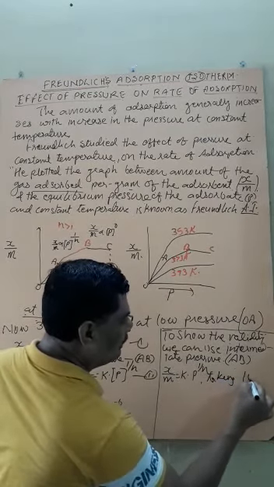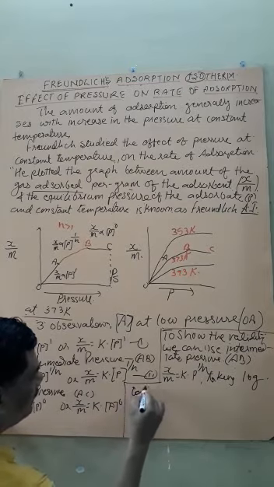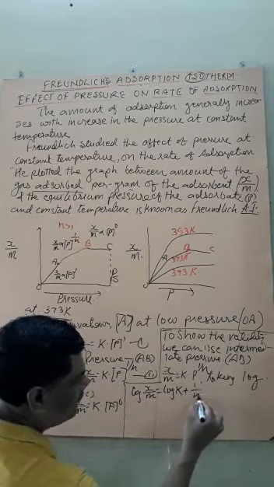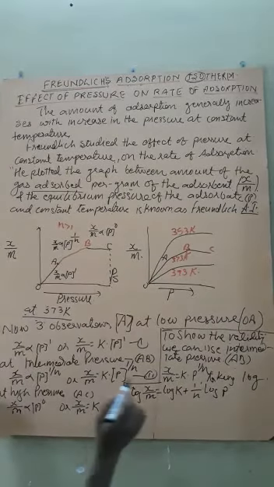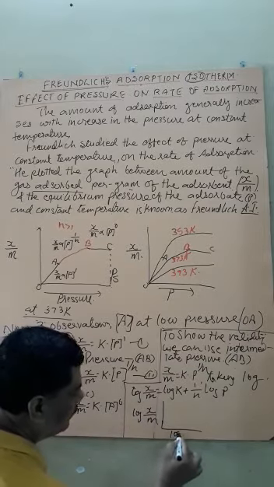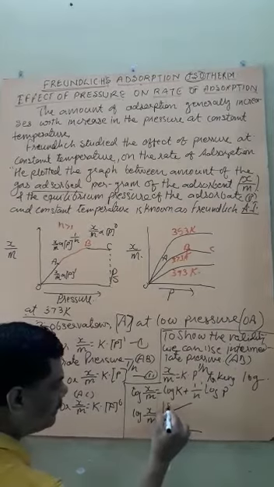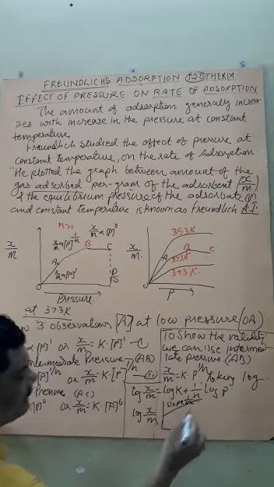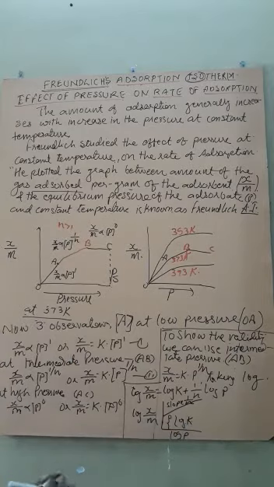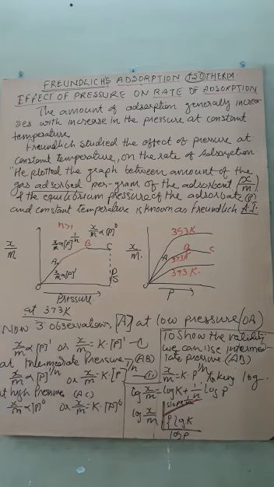Taking log, we will get log x by m is equal to log K plus 1 by n log P. So if we plot the graph between log x by m and log P, it is observed that it gives a straight line where the slope is given by 1 by n and the intercept is given by log K. It shows that since we obtained a straight line, it validates the Freundlich adsorption isotherm at intermediate pressure.